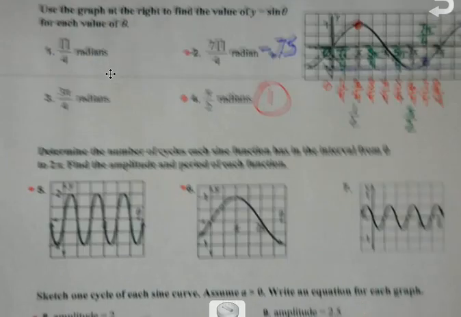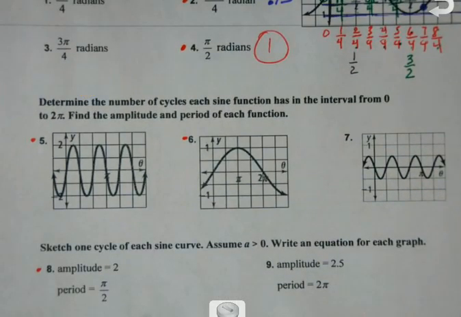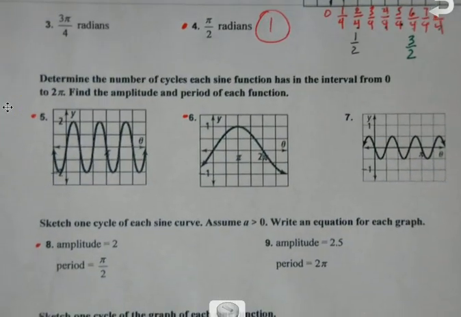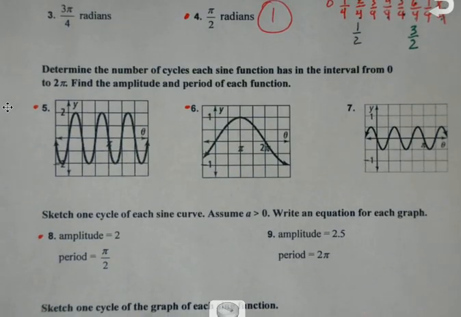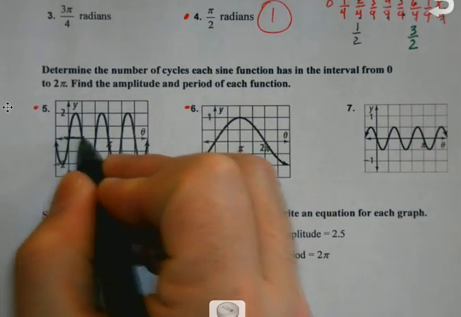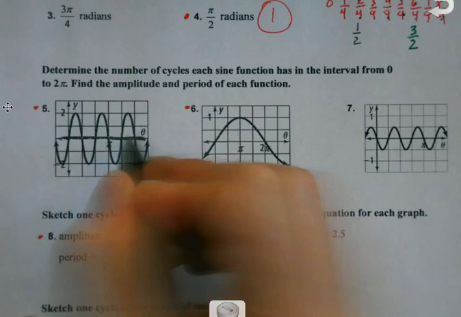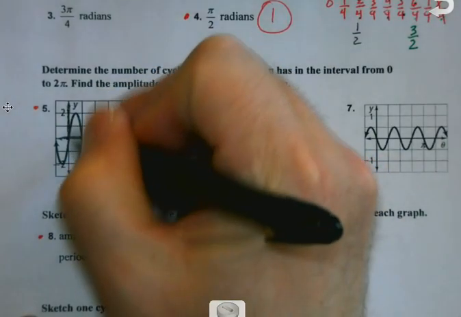So as we move down a little bit, determine the number of cycles each sine function has from the interval from 0 to 2 pi. In other words, for the graph that you've got here. And again, I'm going to darken my axes a little bit so I can see this a little bit better.